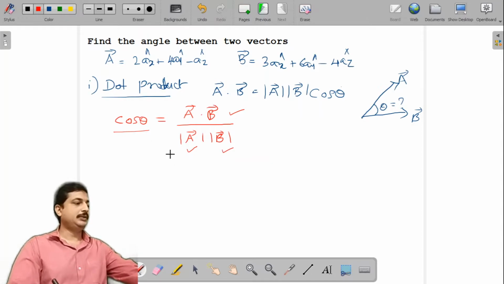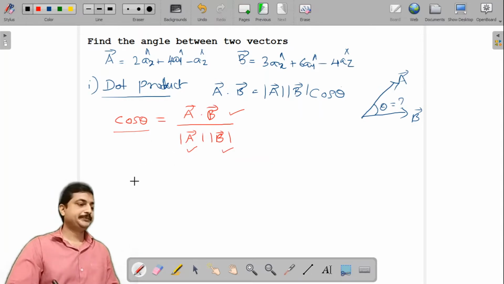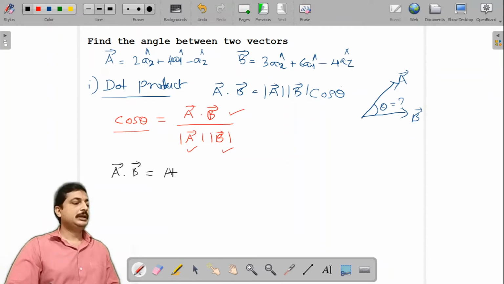So let us find now what is A dot B. In the previous video, I explained that you can directly apply the mathematical formula for finding A dot B as ax bx plus ay by plus az bz. It is just the product of their components. Agree?